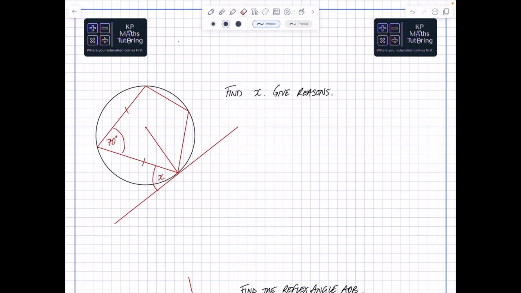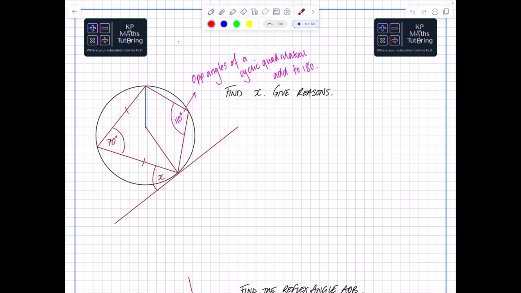Right, so looking at this next example, the first thing that I can spot is this bit here. So we look at the opposite angles there of a cyclic quadrilateral, because we've got all four corners touching the edge of the circle, so the opposite angles of a cyclic quadrilateral must add to 180. Then from there, what you might be thinking is you get a little bit stuck. So my advice to you would be to add that extra line in there.